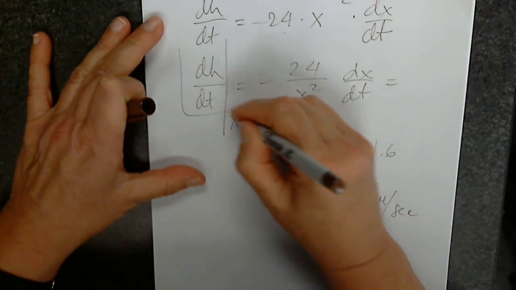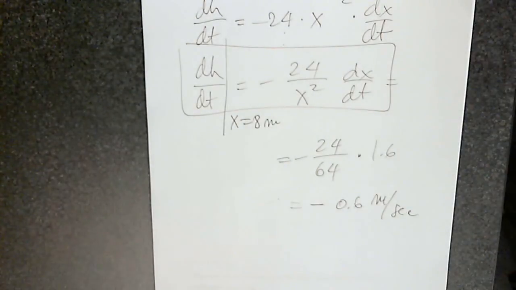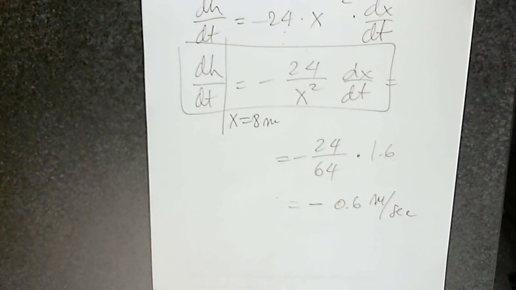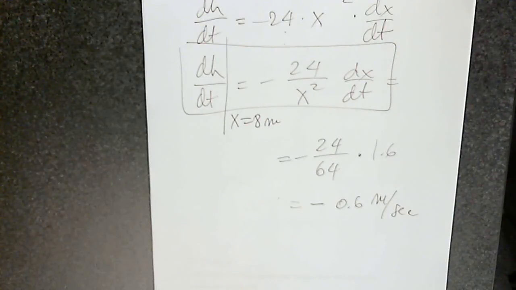This is the relationship that they are related by: dh/dt equals -24 over x squared times dx/dt. And at a particular instant, x equals 8 away from the spotlight, the shadow changes at -0.6 meters per second. And that's why we call this related rates. And there is no end to it. There are so many different situations. We'll have definitely more examples.